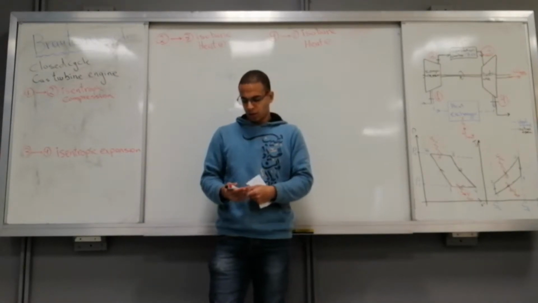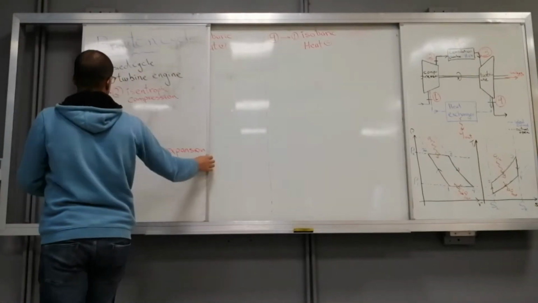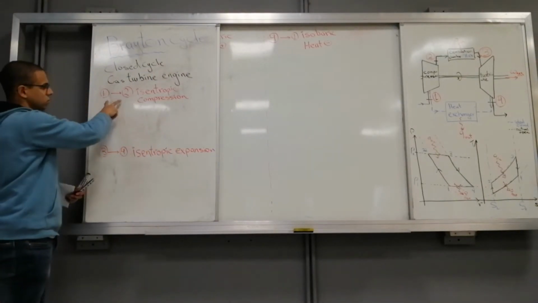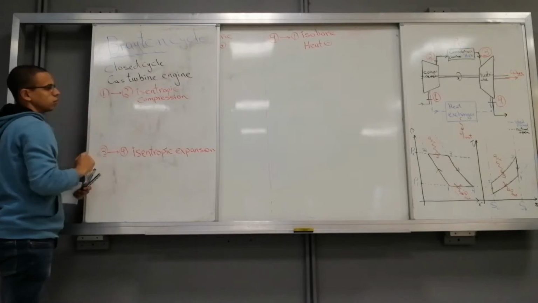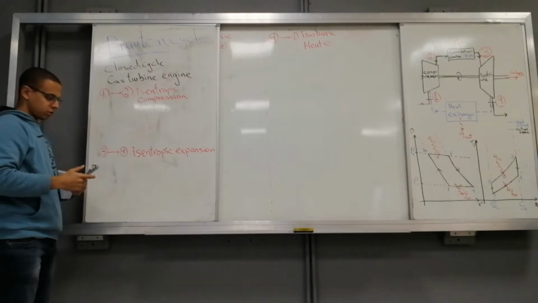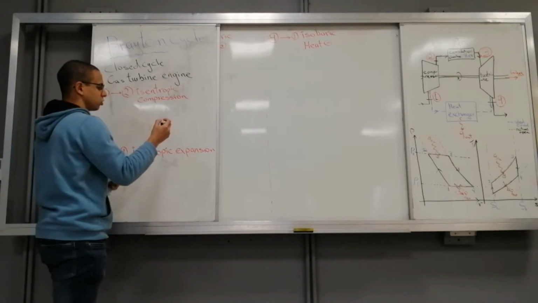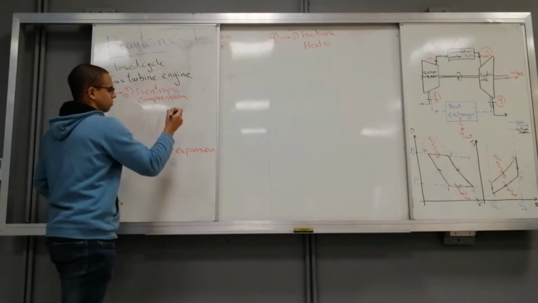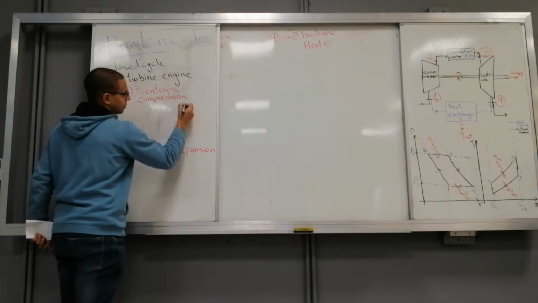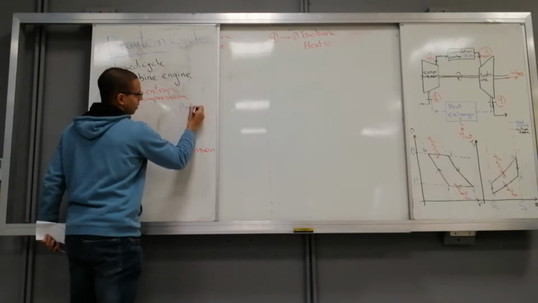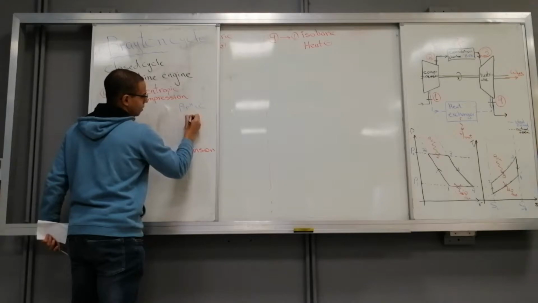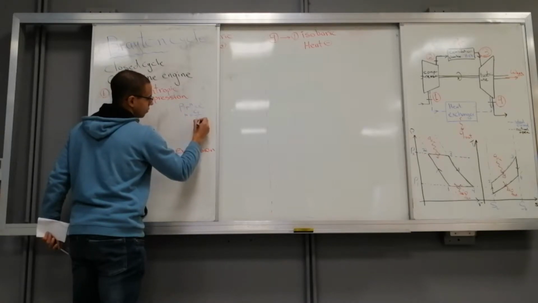We have agreed that we will consider the first process between the states 1 and 2 to be isentropic compression. So, from the ideal gas law and the isentropic relation, we have agreed already that PV to the power K equals constant, where K is the ratio between the specific heats, Cp over Cv.